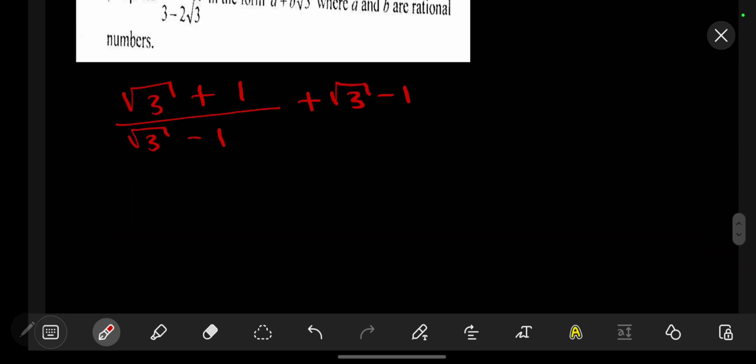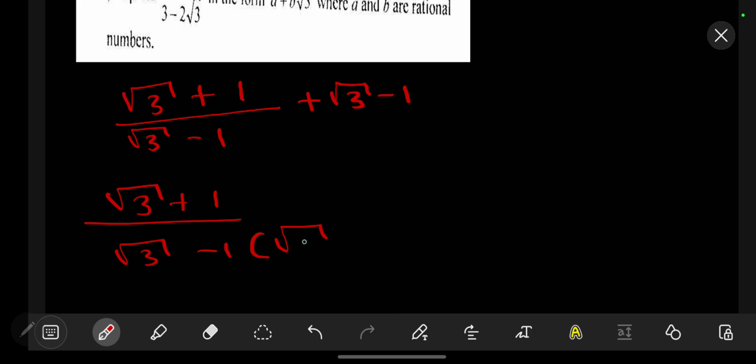So what we are going to do here is find the conjugate for this first part. This is the same as having the square root of 3 plus 1 over the square root of 3 minus 1, multiplied again by the square root of 3 plus 1 like that. Then on top we are also going to introduce the same number, square root of 3 plus 1, plus the square root of 3 minus 1, which is at the end.